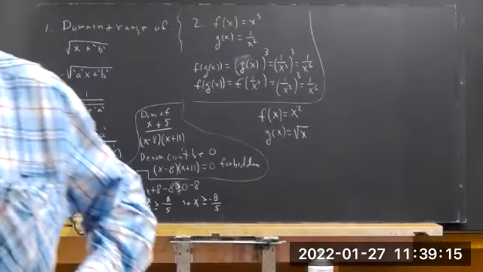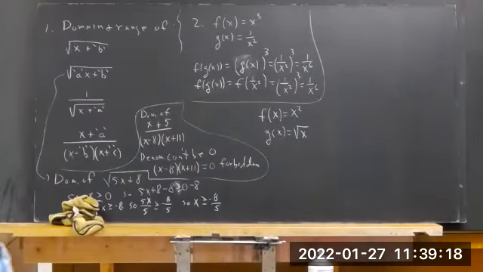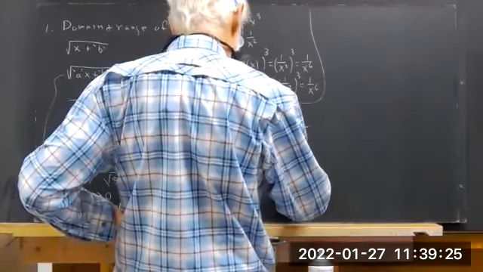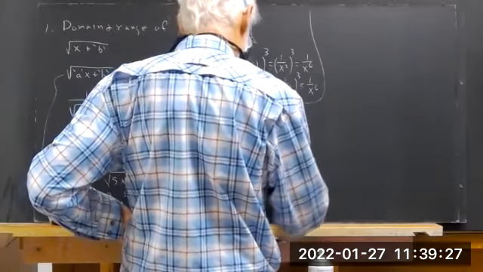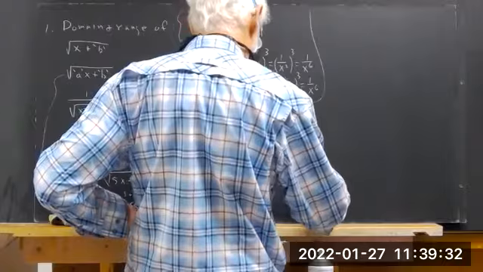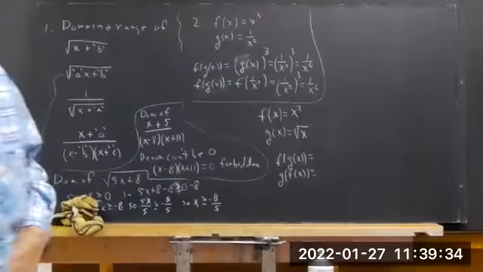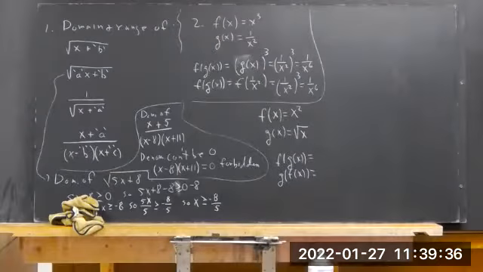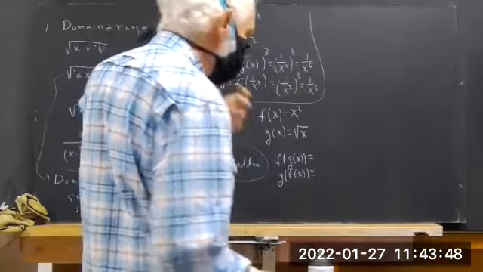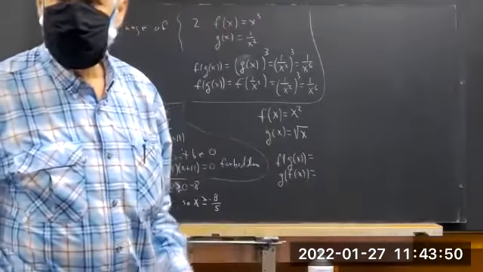f of x equals x squared, g of x equals square root of x. Can you write out what f of g of x is? And what g of f of x is? Okay, so now most of you are just writing down answers or missing steps.